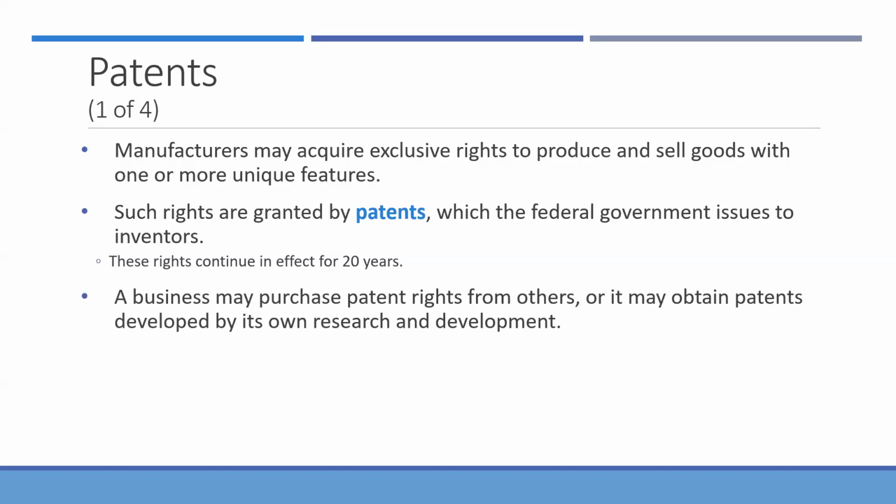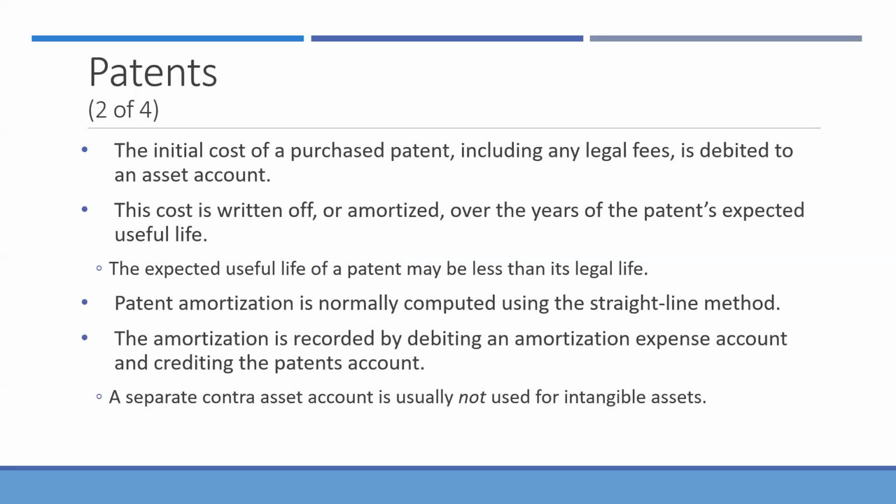The cost that's actually capitalized is the legal fees. If a company is creating the patent themselves, the cost recorded on the books and capitalized to be amortized in future years is only the legal fees and any costs to legally create the patent, because the research and development was expensed as we go.